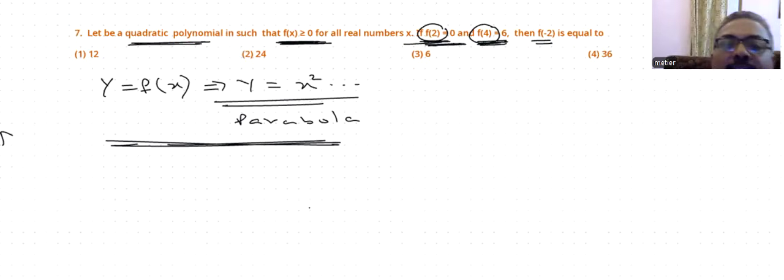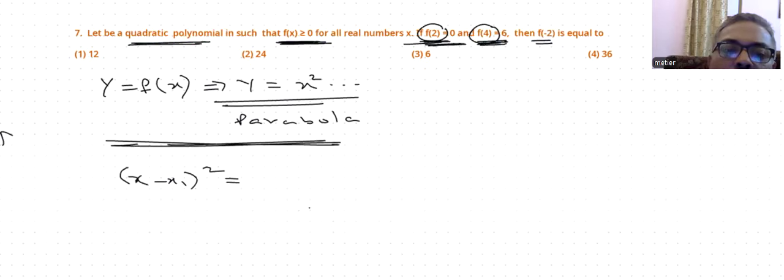Now what we are getting here, the equation will be like this. No problem. (x minus x1) whole square equals 4 into a into (y minus y1).